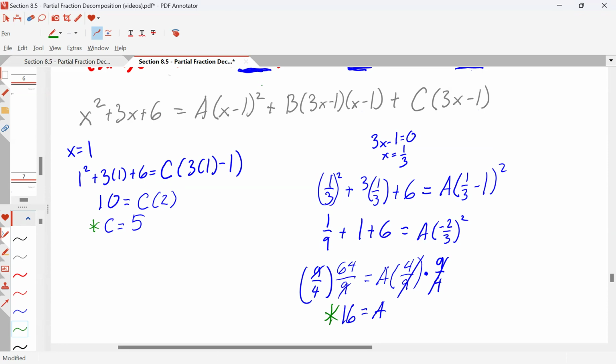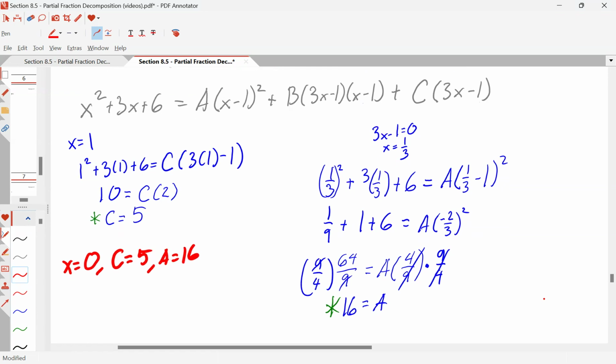However, since we only have one value to find, and we have found the other two, we can just pick another nice value. And a particularly nice value to use in almost any situation is 0. x equals 0. We also know c has to be 5, and a has to be 16. So we can use all of those, and all we're left with is b.